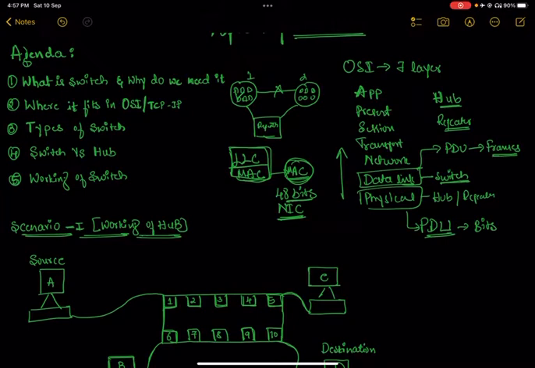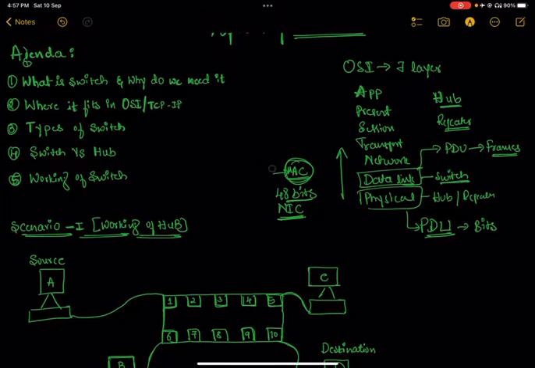Let me quickly rub this off, and while I do this, let's talk more about types of switches. You could imagine that you are sitting in a lab, let me draw that and explain.